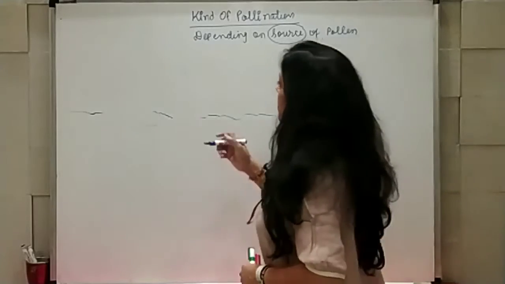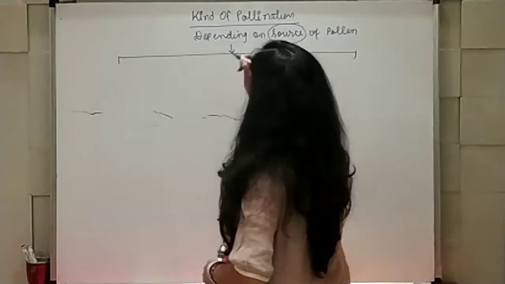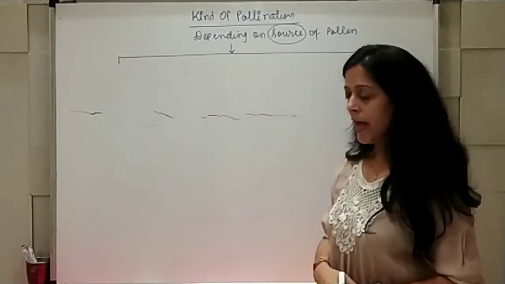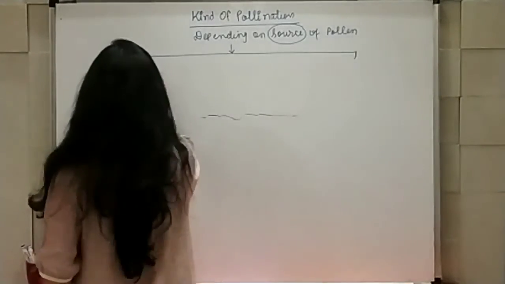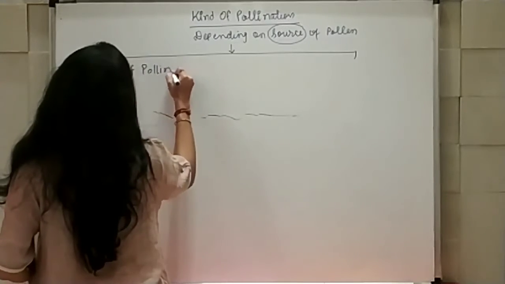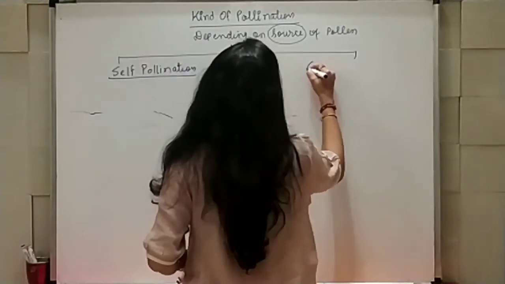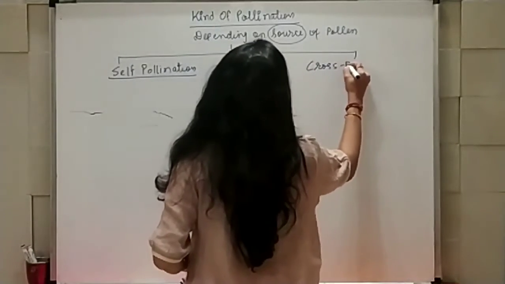Depending on that, we are having mainly two types or two kinds of pollination, that is known as self-pollination and the cross-pollination.